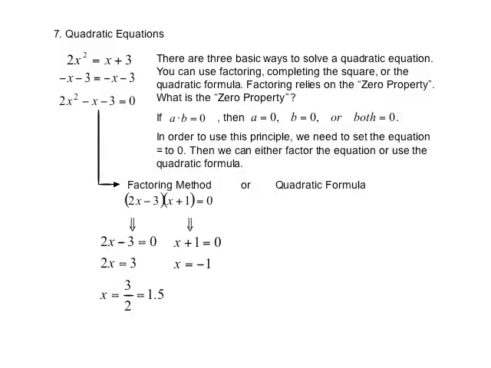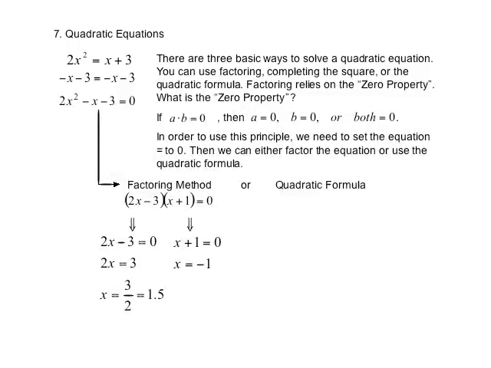So taking the 2x minus 3 equals 0, we first add 3 to both sides, and then we divide both sides by 2, and we get x equals 1.5. On the right-hand side, all we need to do is subtract 1 from both sides, so we get x equals negative 1. So we have two solutions to this equation, 1.5 and negative 1.